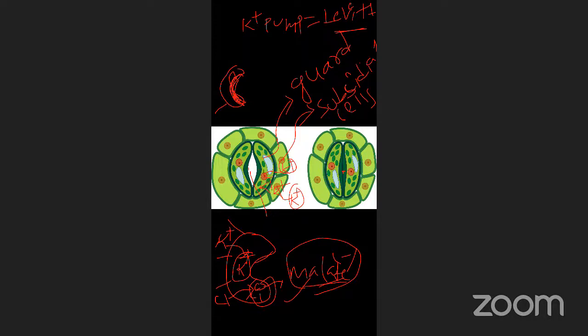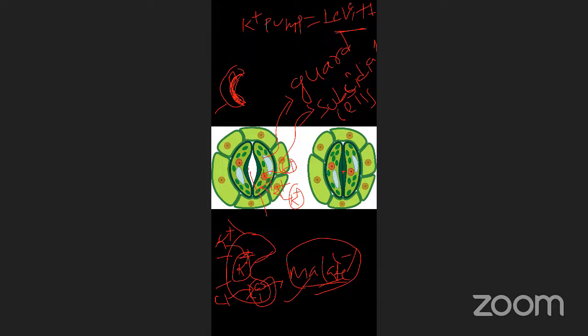Negativity, sir. Negativity increased. That means malate is already there, and malate is automatically an anion, negative. The extra Cl minus is added along with the K plus ion, right? So automatically the negativity value increases inside the guard cell.